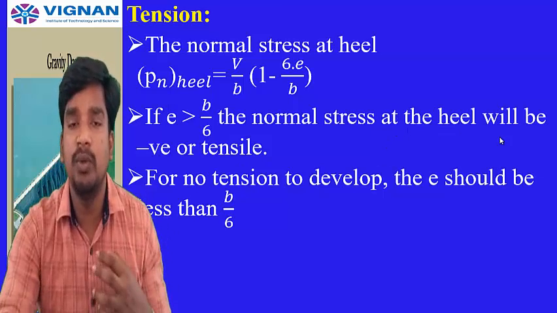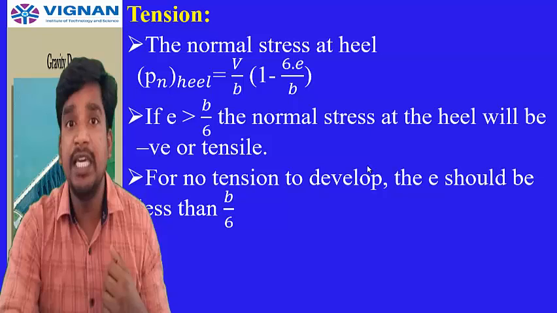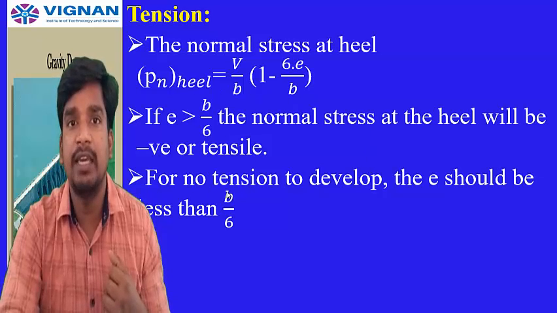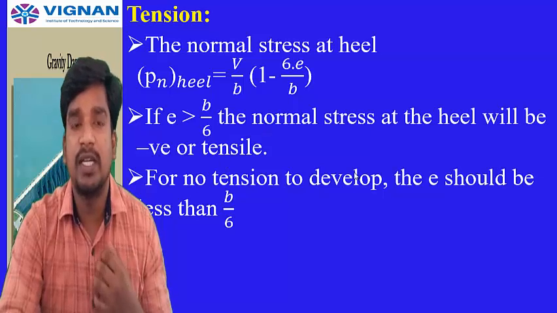As I told you, concrete is weak in tension. In order to overcome this tensile force, e should be less than or equal to B by 6 only. That is the only thing we need to consider.